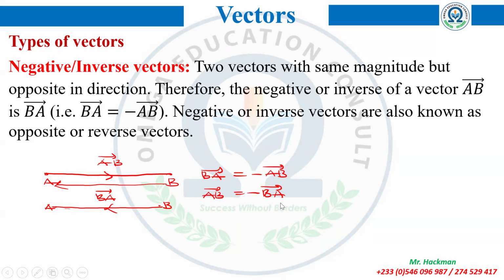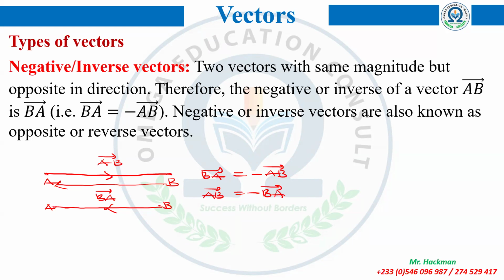So negative or inverse vectors are also known as opposite or reverse vectors. As simple as that, so we can use these interchangeably: opposite, inverse, negative, and reverse. Is my point well made? Yes. Okay, as simple as that.